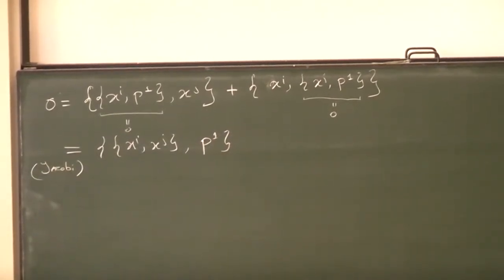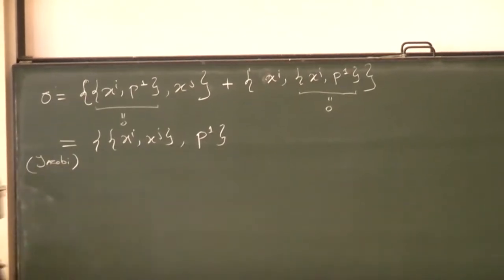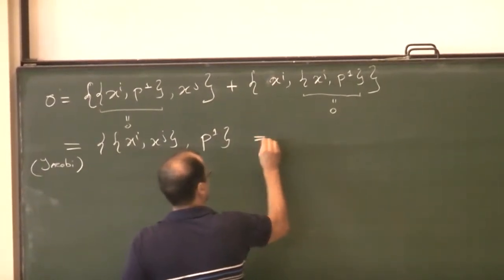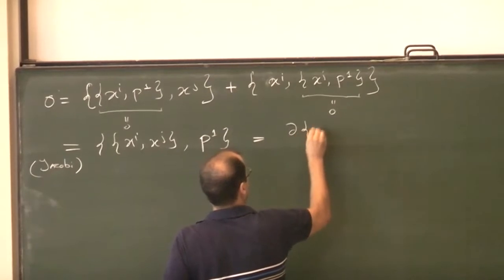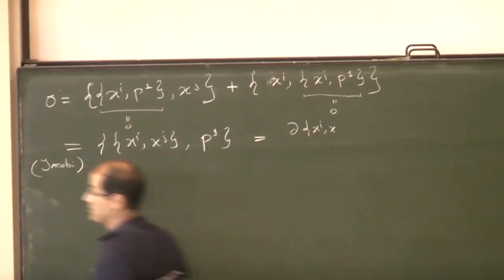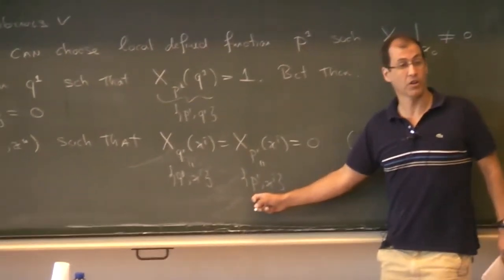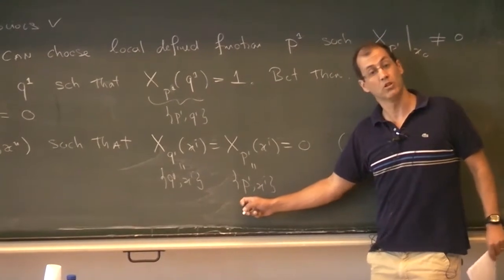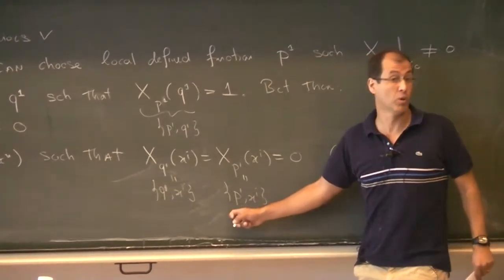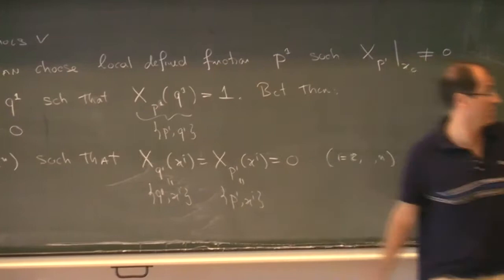Right? So because we know that all the brackets of xi's with P1 are 0, the only thing that is left is the bracket of P1 with Q1. And the bracket of P1 with P1 is 0 because of skew symmetry.